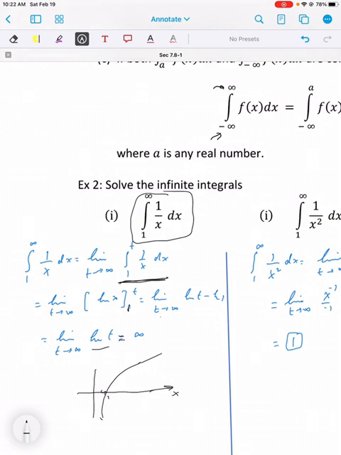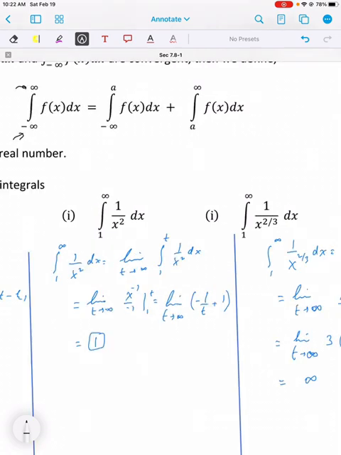Plugging in the upper and lower limits, we have negative 1 over t plus 1, and again from your limits from Calc 1, notice that the limit of 1 over x as x goes to infinity is 0.